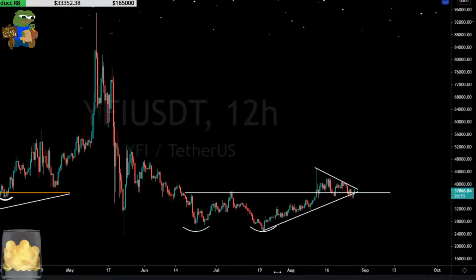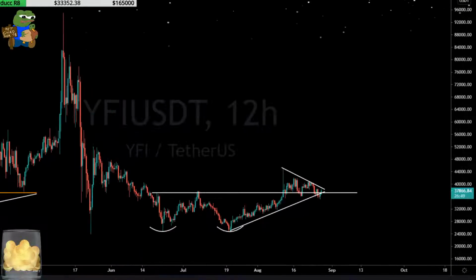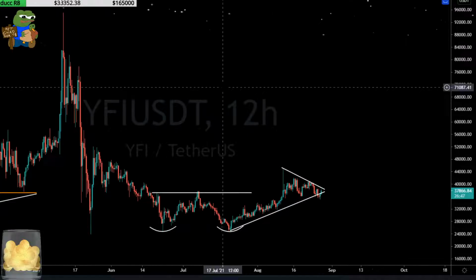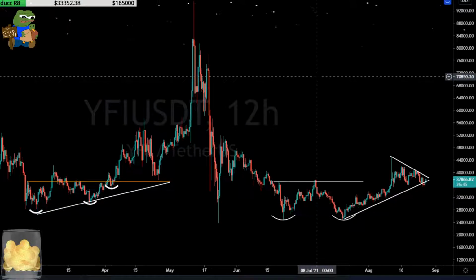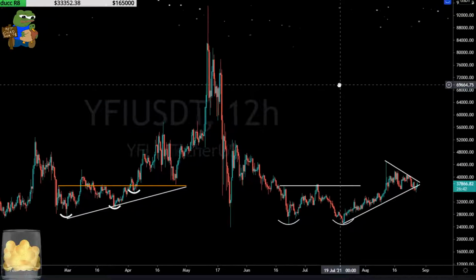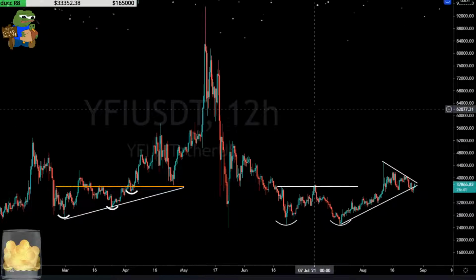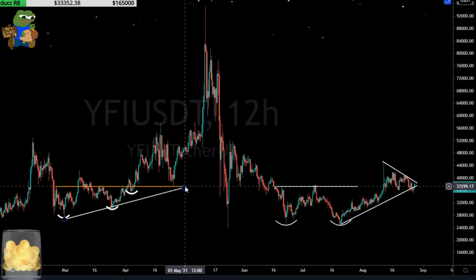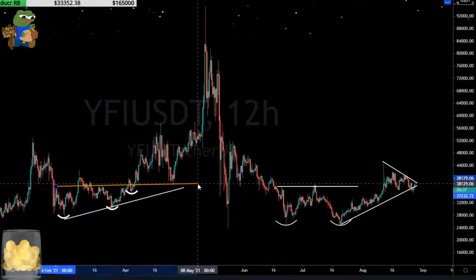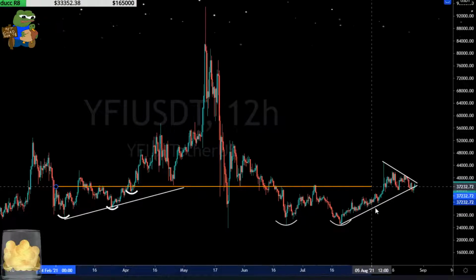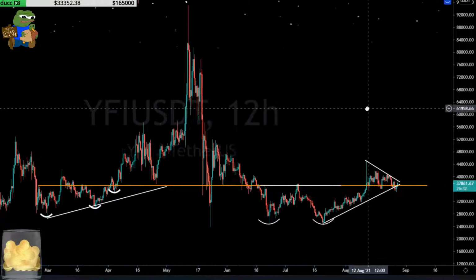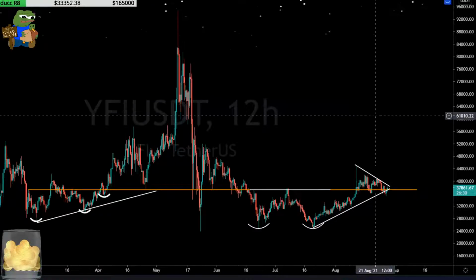All right. Looking back even further here, if we zoom out a bit, you can see, looking back left, that orange, yellow, whatever line we have back here. Look at this. Okay, watch this. You see where we are, guys? How critical this level is?